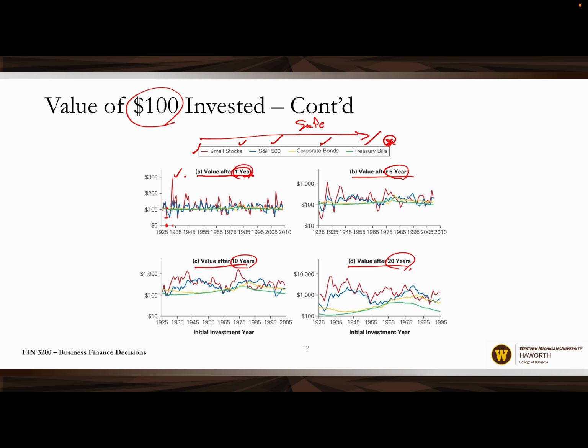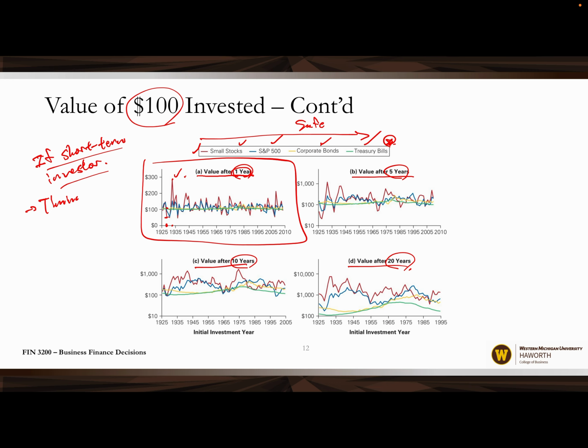So the conclusion here is, if you are a short-term investor, if your investment duration is short, you're basically gambling, and your timing matters a lot, as you can see. Okay, and short-term for risky securities, to be precise.